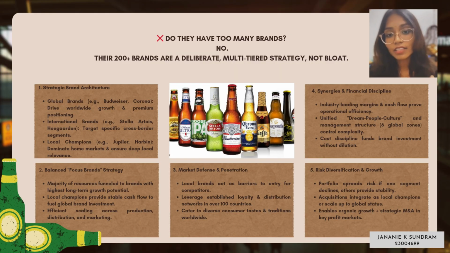Finally, having a large and diverse brand portfolio allows AB InBev to spread risk across markets and consumer segments while also supporting organic growth and value-enhancing acquisitions. Therefore, AB InBev does not have too many brands; rather, its extensive portfolio is a key strategic asset that drives global reach, local relevance and long-term value creation.